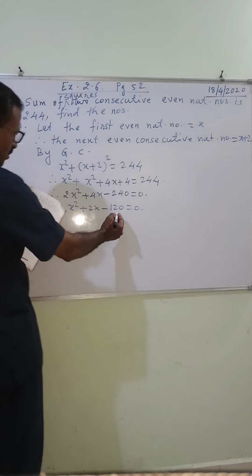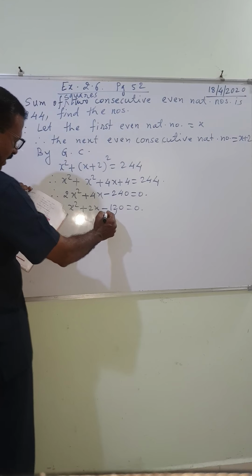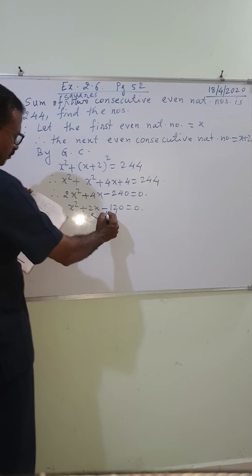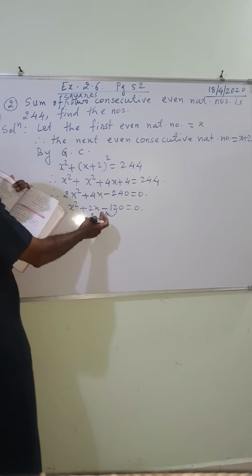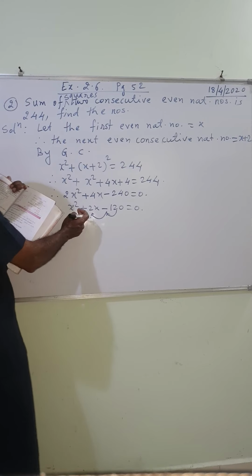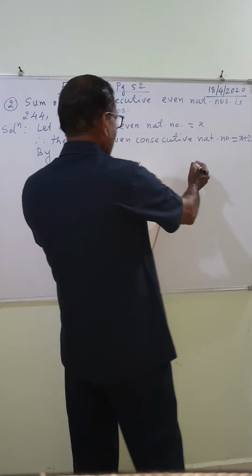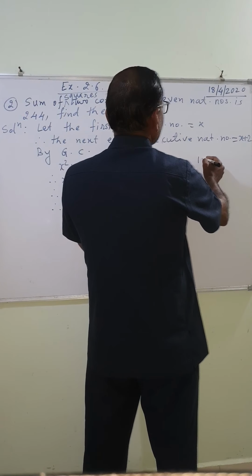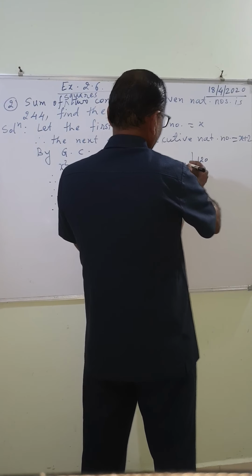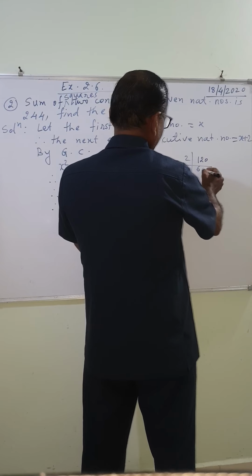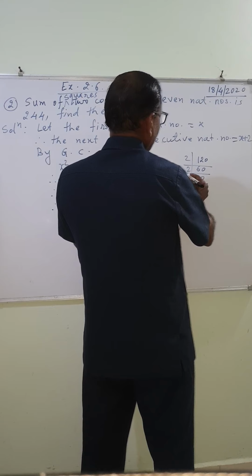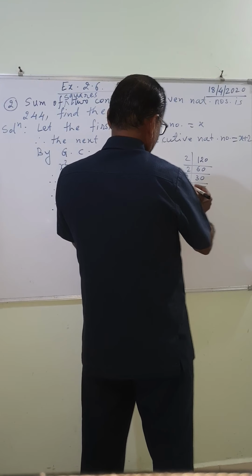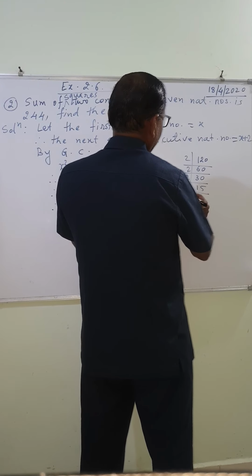Now find the factors of 120 such that their difference is 2. So I will find the factors of 120. 2 sixes are 12, 2 thirties are 60, 2 fifteens are 30, 3 fives are 15, and 5 ones are 5.